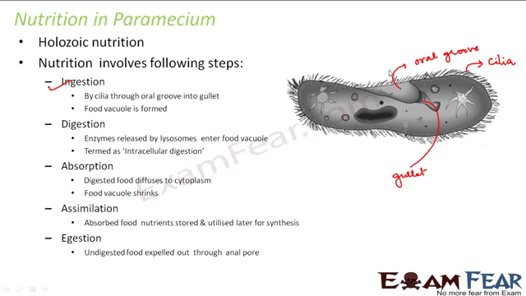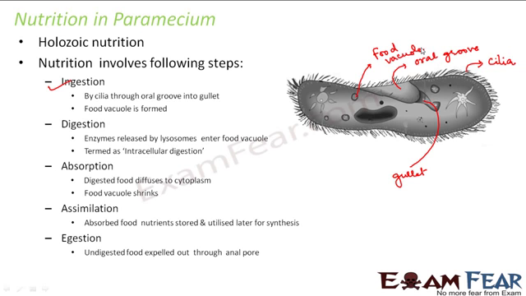Now immediately the vacuole will not be formed. When enough food is accumulated, a food vacuole is formed. This food vacuole will keep on circulating through the cytoplasm in the cell. Suppose this is the food vacuole. This vacuole will lie in the cytoplasm. It will keep circulating through the cytoplasm, because cytoplasm is a fluid-like structure.